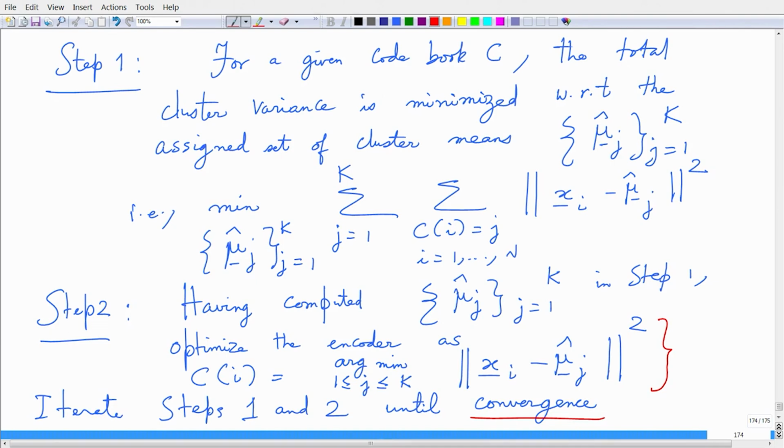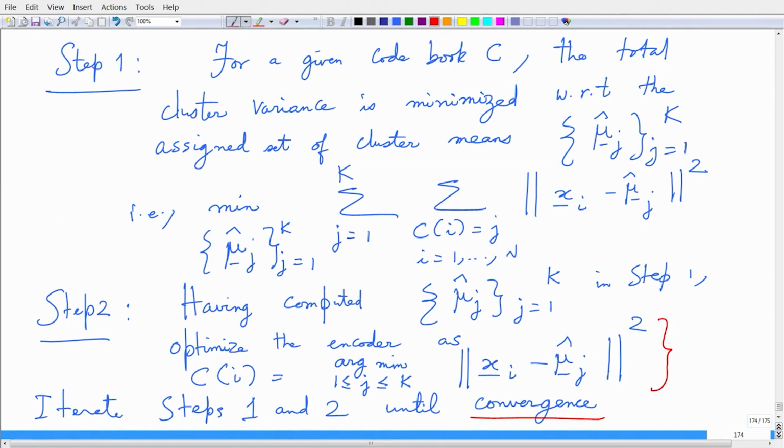Why is that iterative? Because we have not solved for these optimal mu_j hats for j equals 1 through k, and we are adaptively estimating these cluster means, and that is the reason why this is adaptive, and we have to iterate between these two steps until there is convergence, where we see that this is the distortion that we will end up with, and we cannot go lower than that distortion.